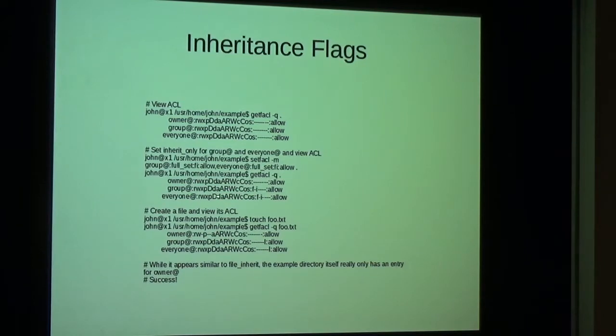These are going to apply to newly created directories and files underneath this directory. So I create a file here, and then I read the ACL, and now you'll see that this is inherited and this is inherited.